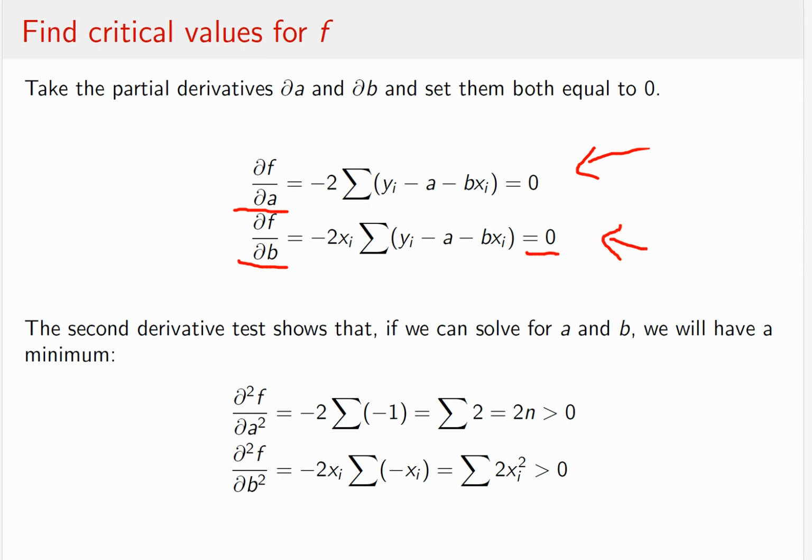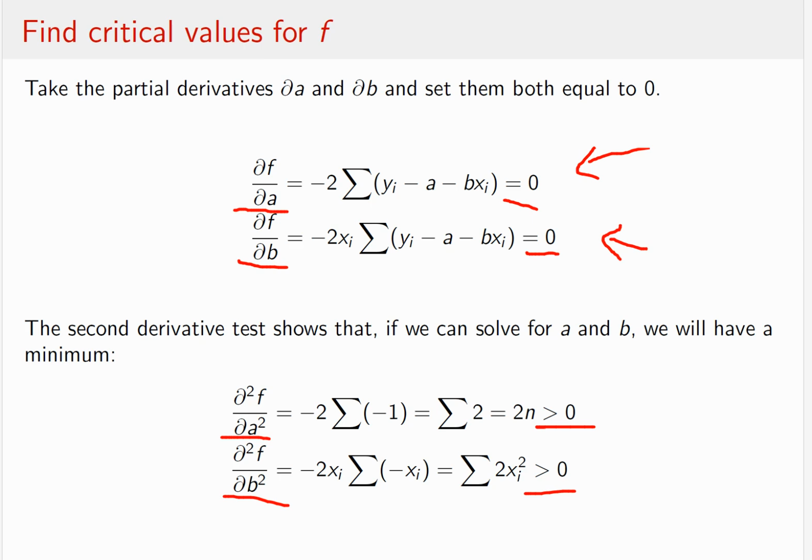We set them both equal to 0, and we solve. Okay, and what's the second derivative test doing? It's showing that we'll have a minimum, right? That if the second derivative is positive for both, that means it's concave up, and therefore the point that we find will be a minimum.